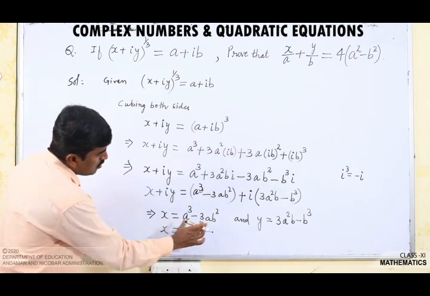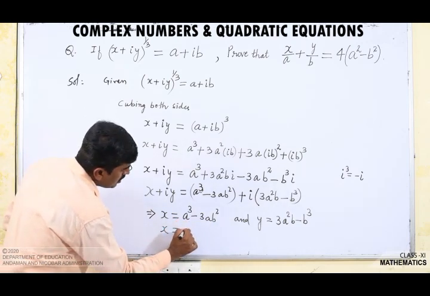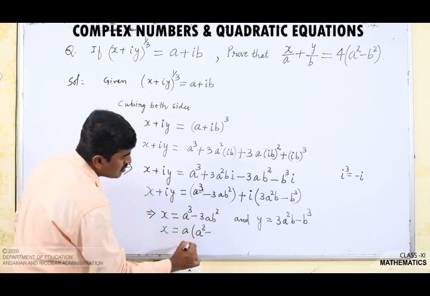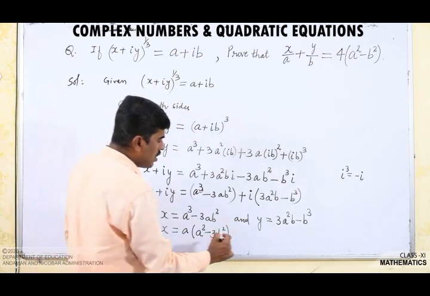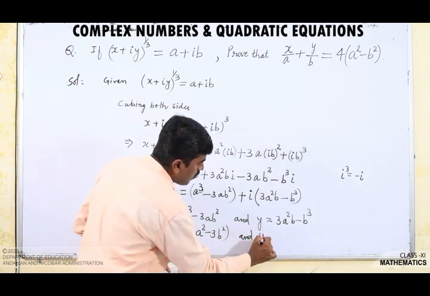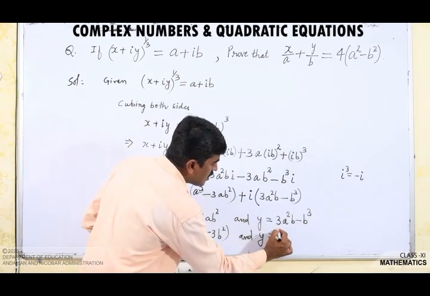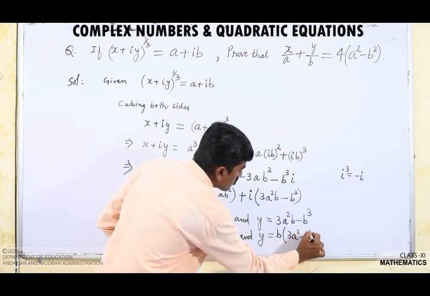Okay. So here this x can be written as, we can take a common from here, so it is a into (a square minus 3b square). Similarly in y equal to 3a square b minus b cube, b is common, so we can take b common here. So we will get b into (3a square minus b square).